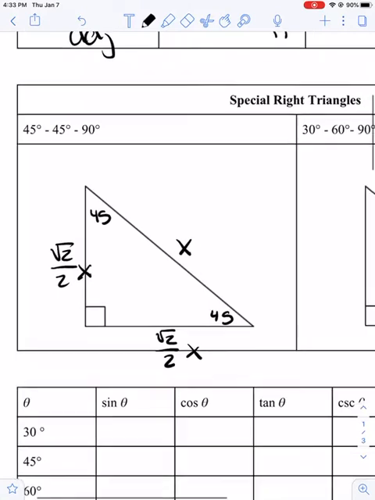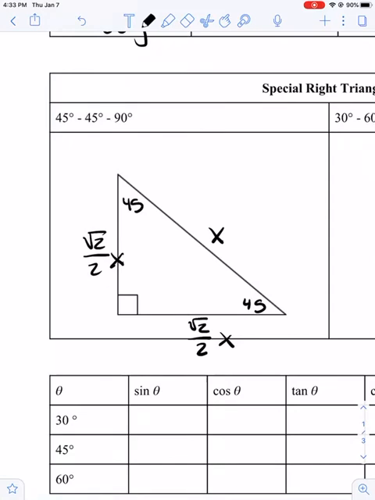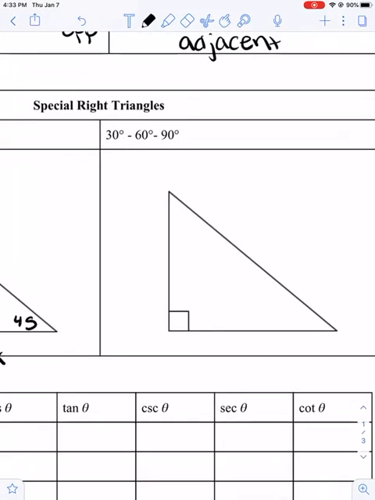Those are just those rules. Going to our 30, 60, 90, the hypotenuse is x. To get to the short leg, we multiply it by 1/2. And to get to your long leg, you multiply the hypotenuse by root 3 over 2 x.